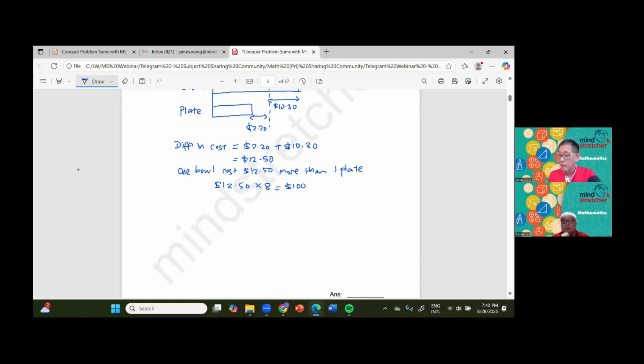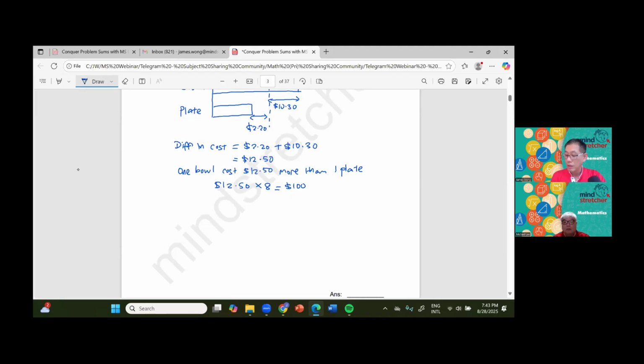Now, if Mrs. Lee were to spend all the money just on buying plates, how much would she have spent? That means she did not buy the bowls. When you convert the 8 bowls into 8 plates, she would have saved $100, right? She would not have spent the additional $100 because the bowl costs this amount more than the plate.